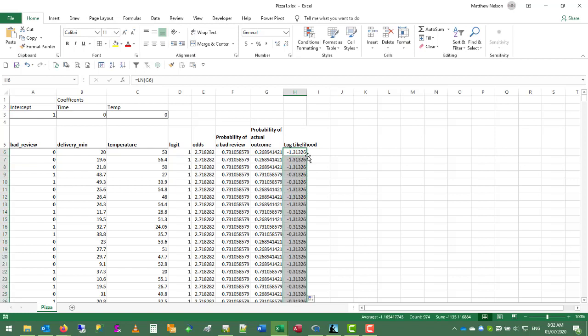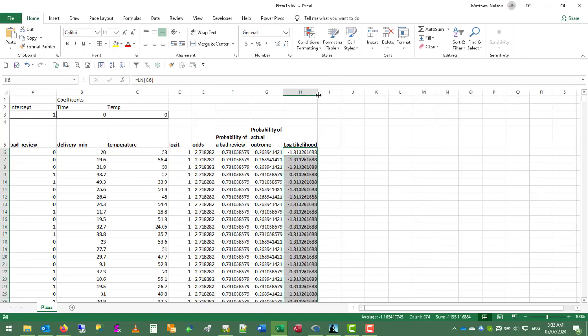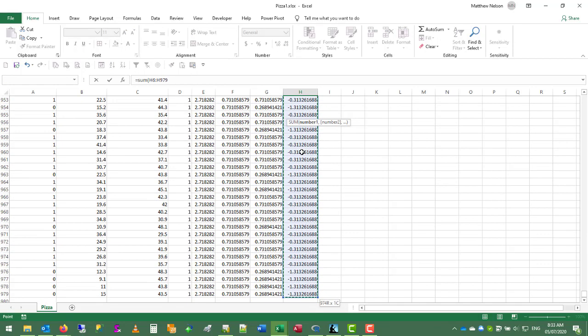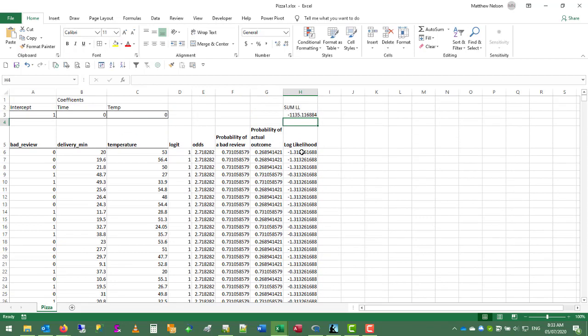Now we can talk to our model in a format that it understands. So what's the goal of optimizing this function? We want to maximize the sum of all these log likelihoods. So sum of LL equals the sum of H6 through H979.